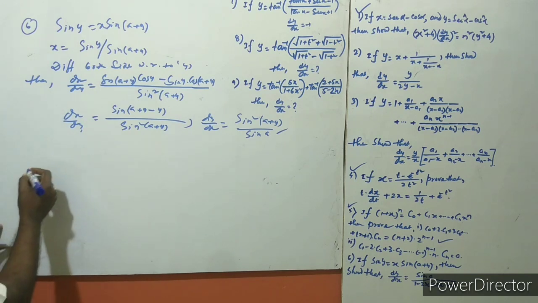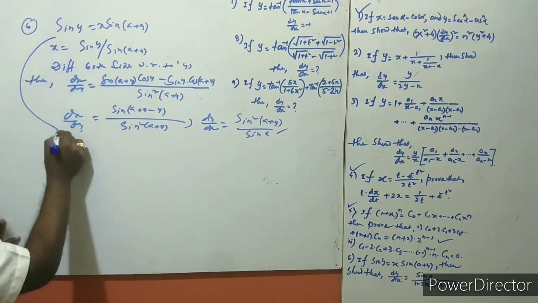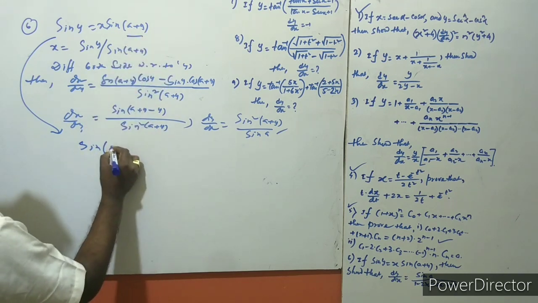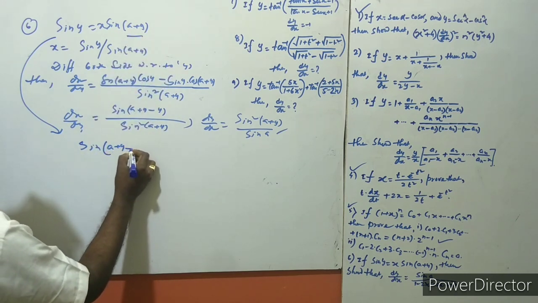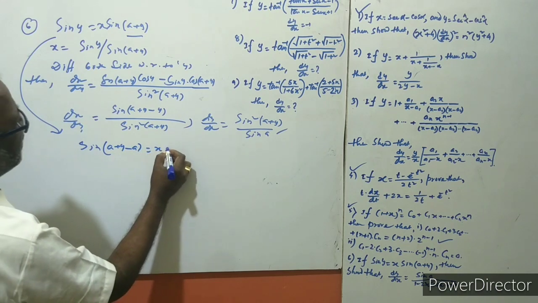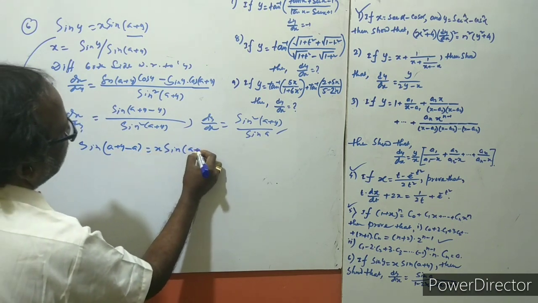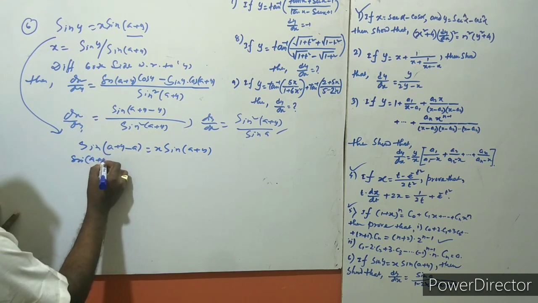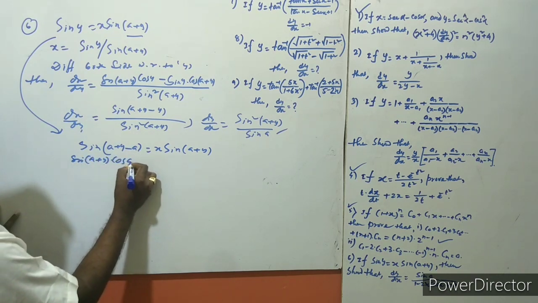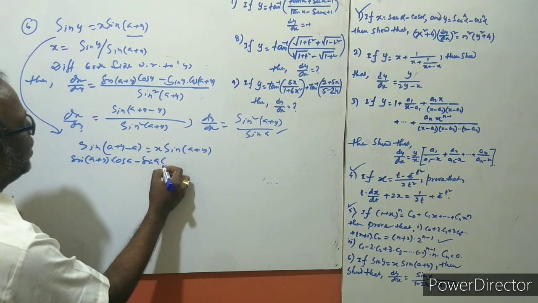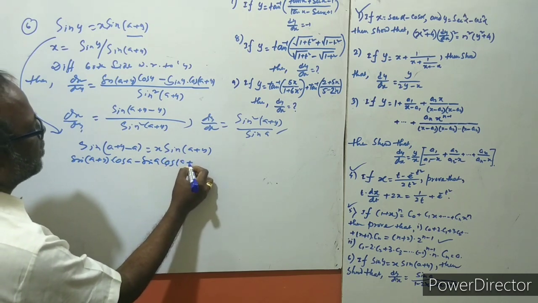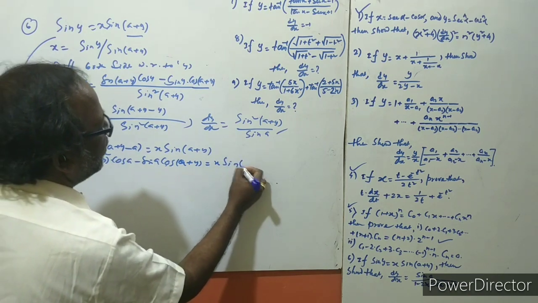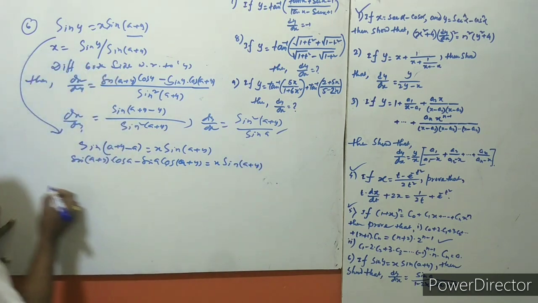So see, for this question there is a plus y. You can write in place of y, (a plus y) minus a, and this is x into sin of (a plus y). And this is sin a cos b minus cos a sin b, you can write, and this is cos a minus sin a into cos of (a plus y), and x into sin of (a plus y).